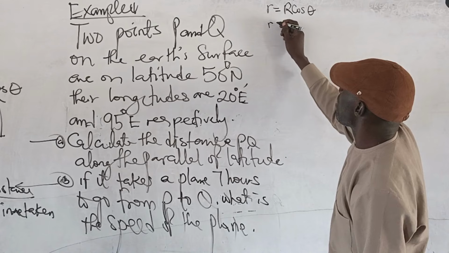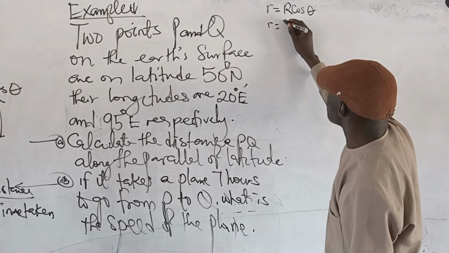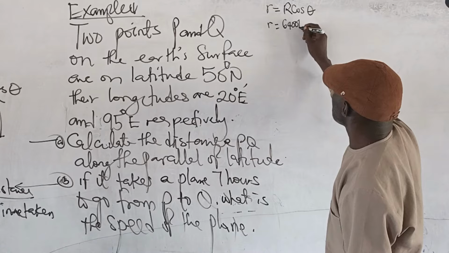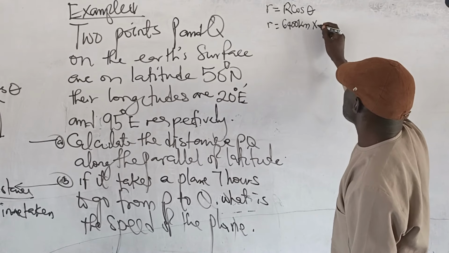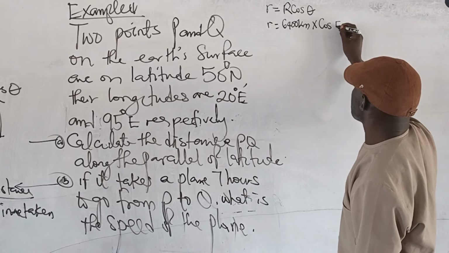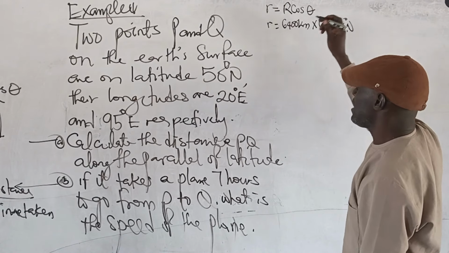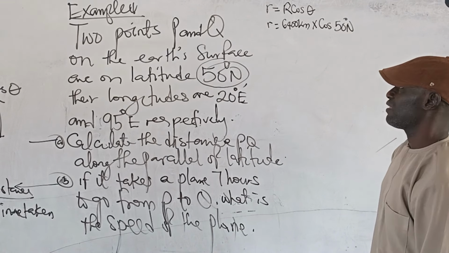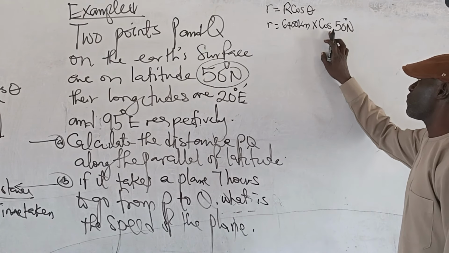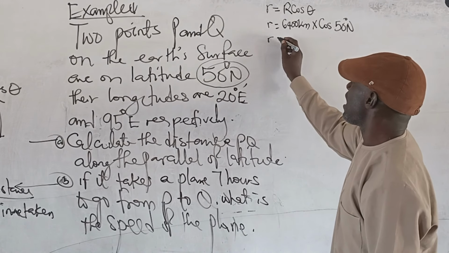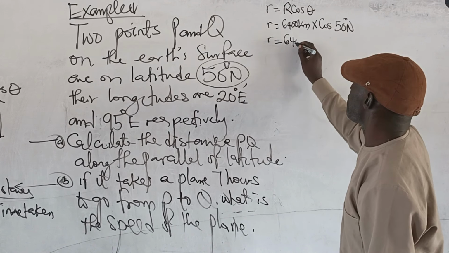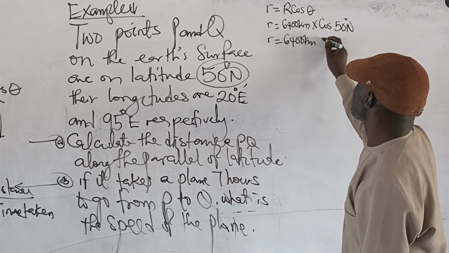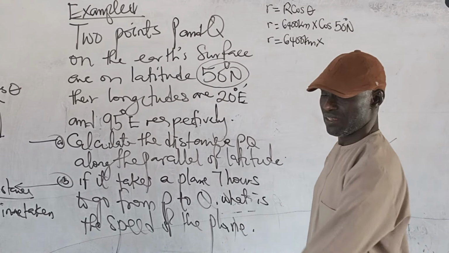So our small r equals 6,400 kilometers times cos 50 degrees. Our latitude is 50 degrees, which goes for that cos.